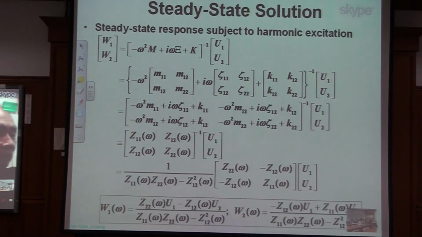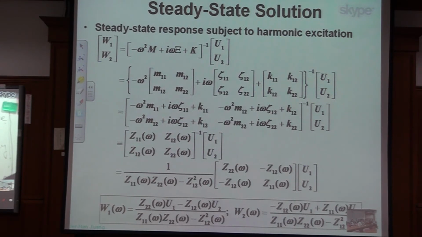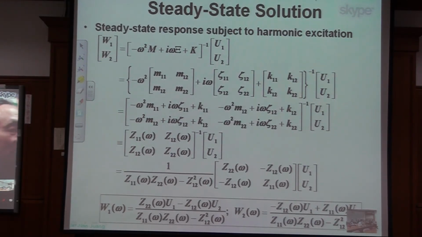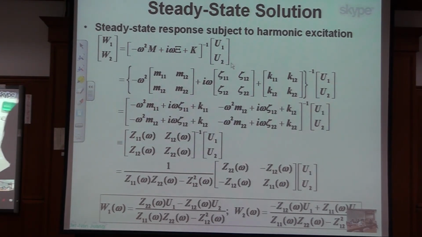Okay, so I have W1 now. I have W2. But I have 2 inputs. One is U1 input, one is U2 input. Look at that, I have U1 and U2 here.